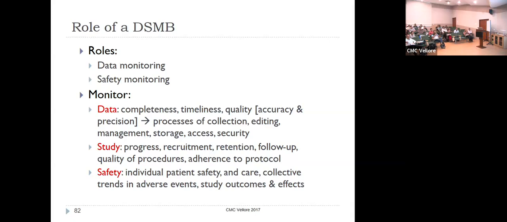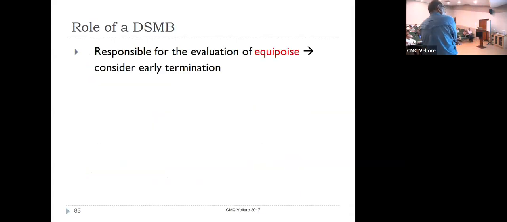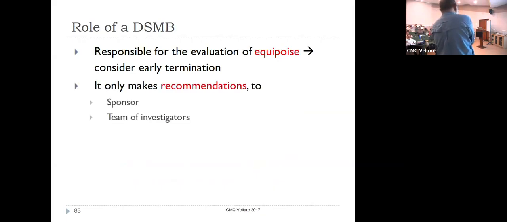They do everything. This is the group that is overseeing the study while it's being conducted. And so they're the ones evaluating the equipoise, and they recommend. They never decide anything. They recommend. It's up to the sponsor of the study to decide to stop or not.